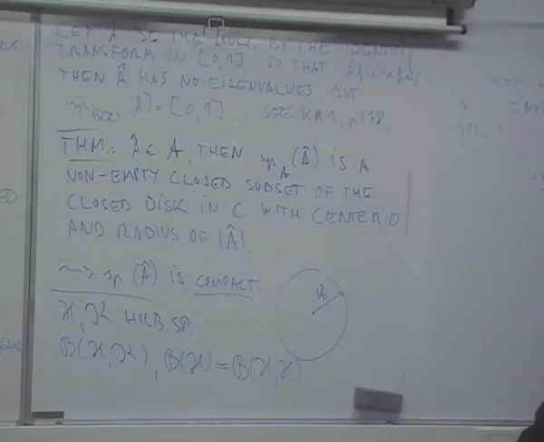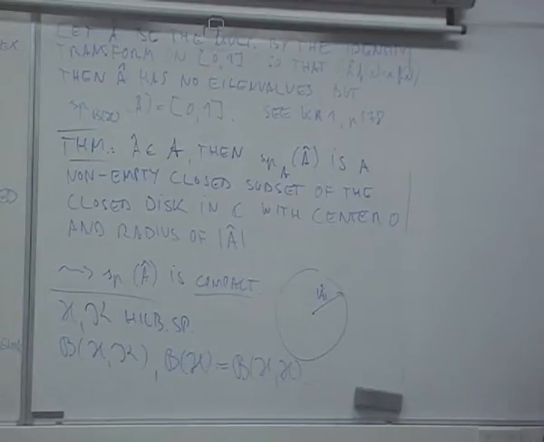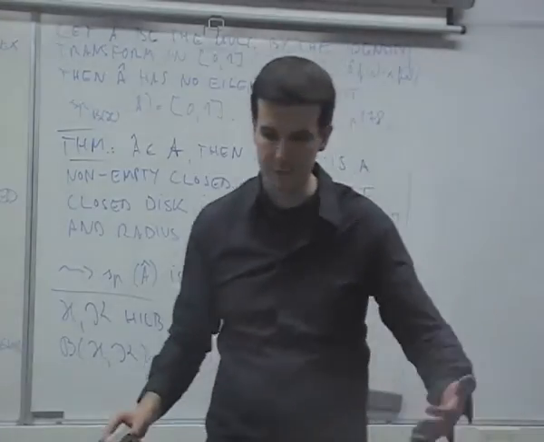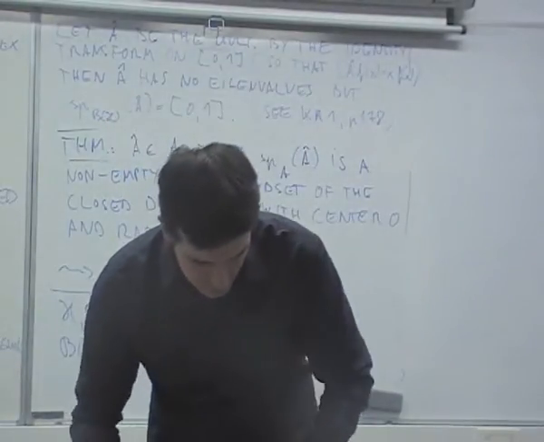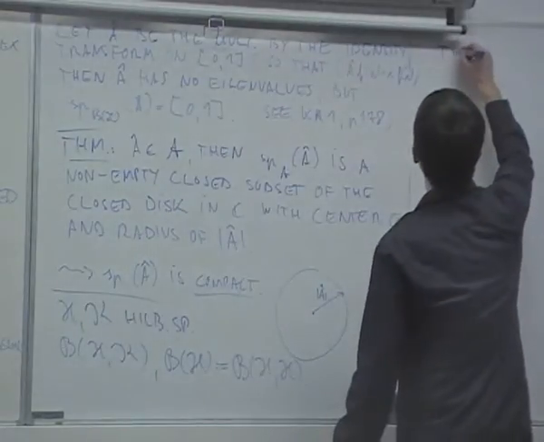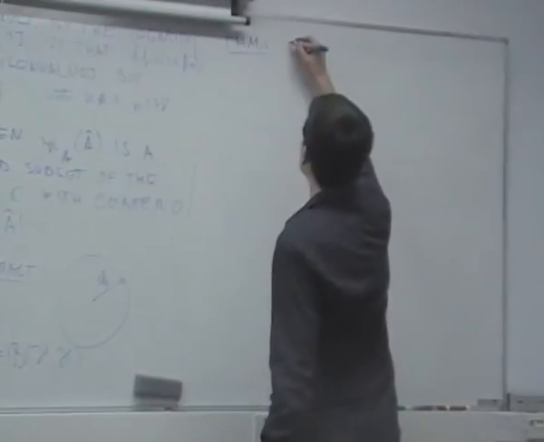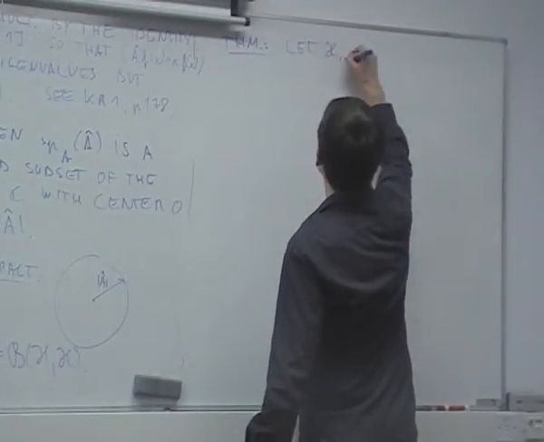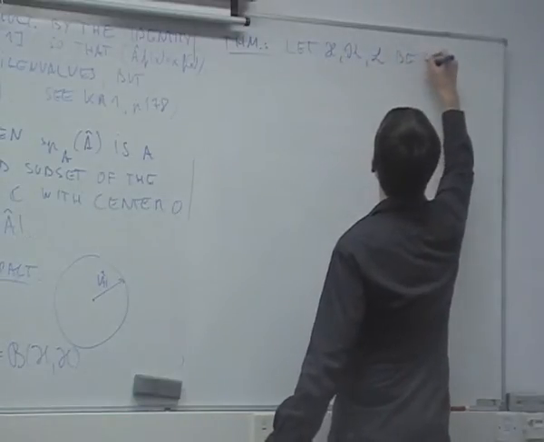But once we have adjoints, we can then talk about many further concepts like self-adjointness, unitarity, normality, all these things. So, let H, K, L be Hilbert spaces.